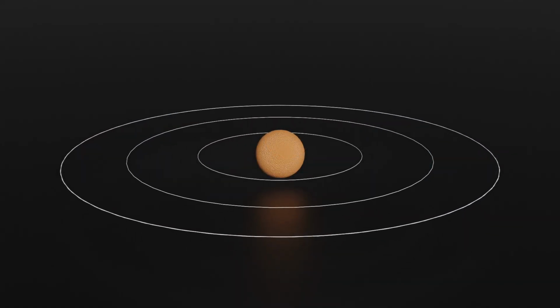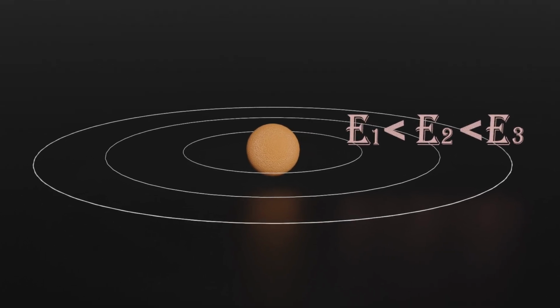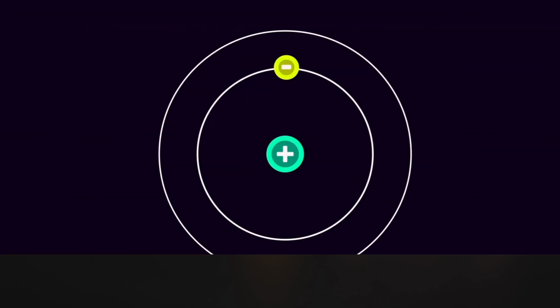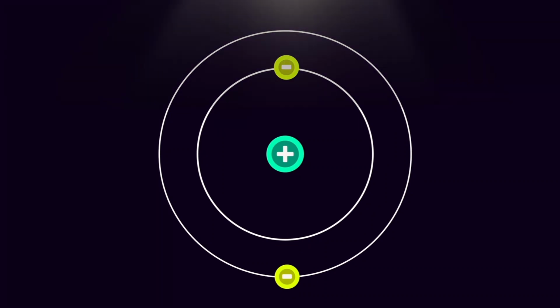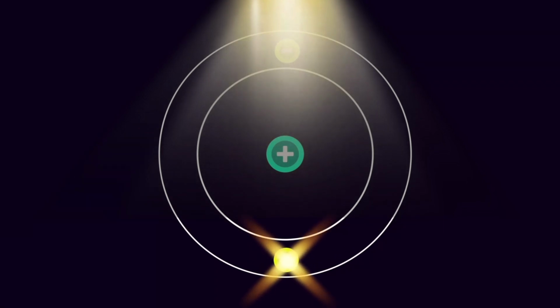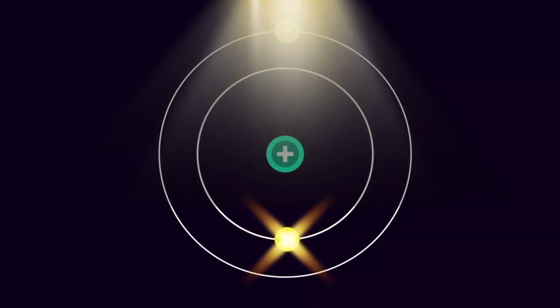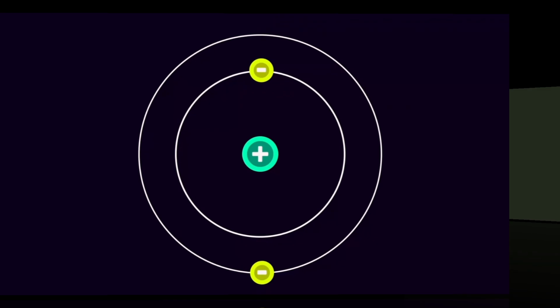The innermost shell has the lowest energy level, and as you move outward, the energy increases. Now, the really cool part: electrons can jump between these shells, but they can only do so by absorbing or emitting a specific amount of energy in the form of light. This was huge. It helped explain why atoms didn't just collapse into a giant mass of particles.